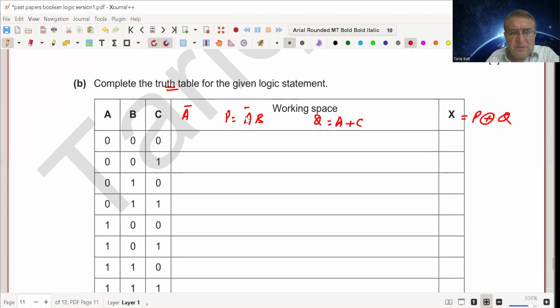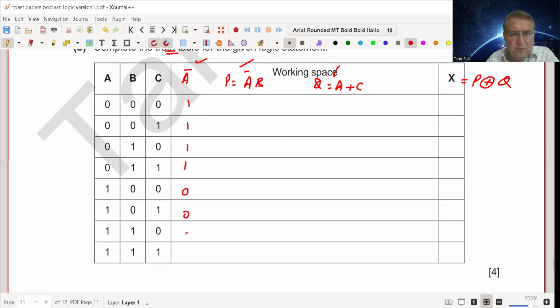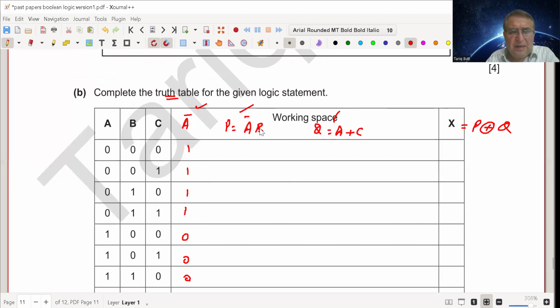Fine. So now you can quickly write down these columns. You can fill out these various columns. So A prime, just not of A, just invert this. So 1, 1, 1, 1, then 0, 0, 0, 0. Next P, which is A prime and B. So A prime is this, B is this.